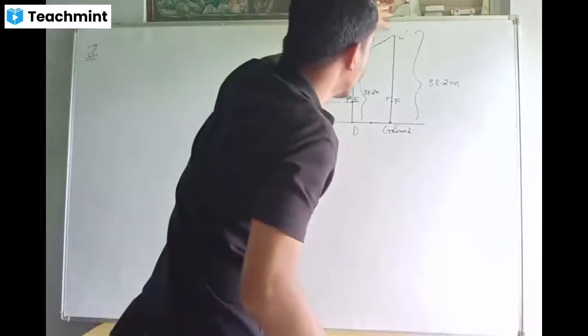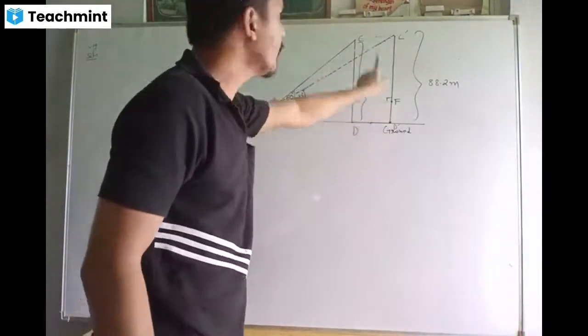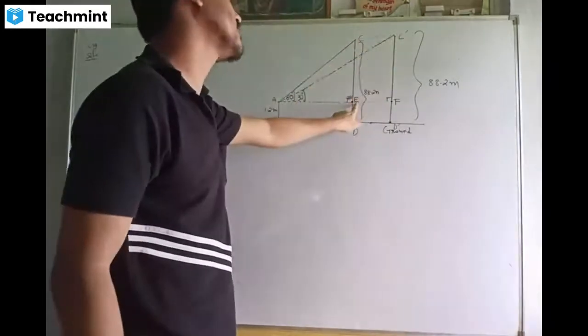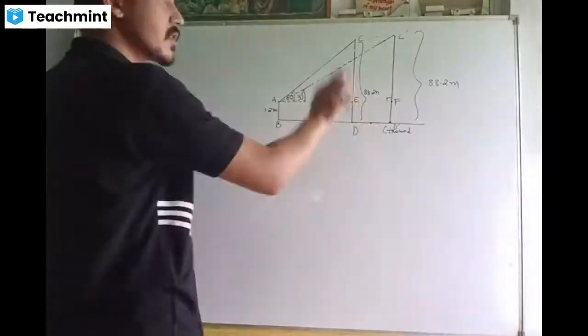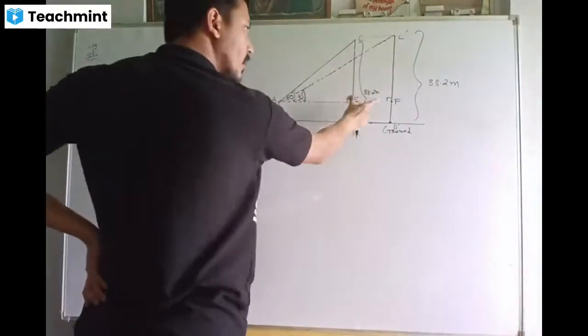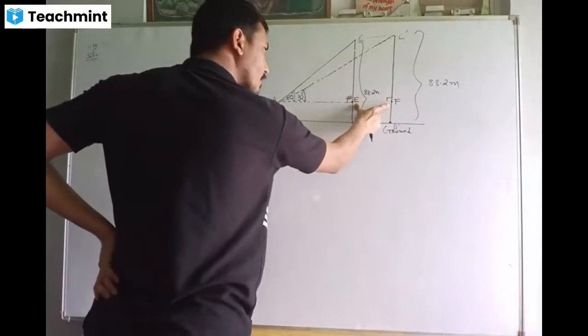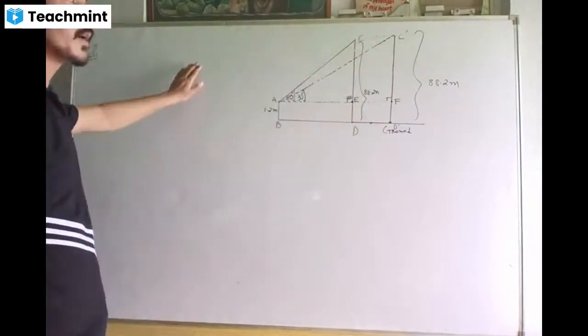But C C dash is the same as EF, right? Finding C C dash will be the same as finding EF. So the distance traveled by the balloon would be given by either C C dash or EF.